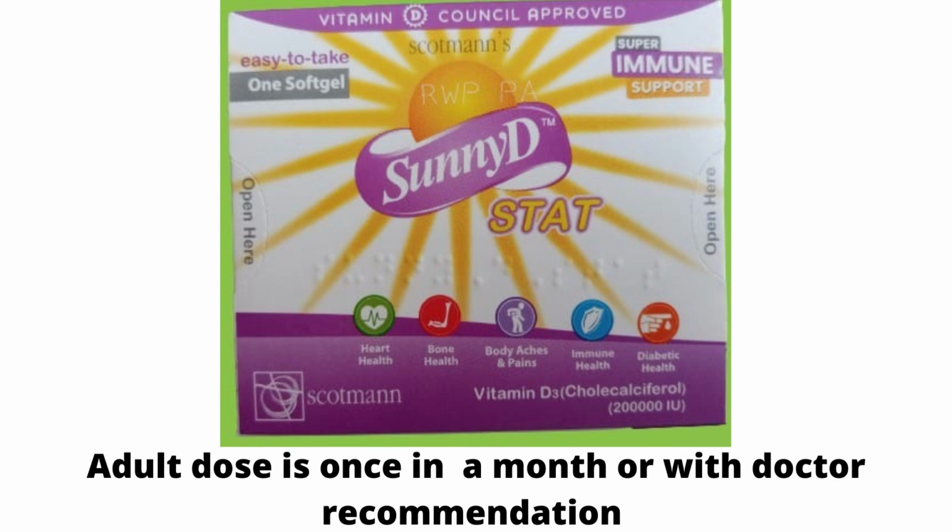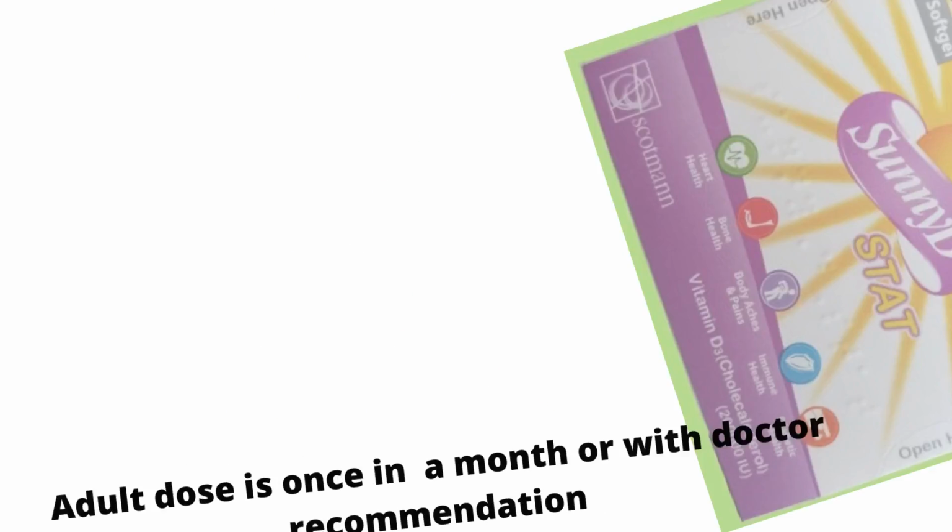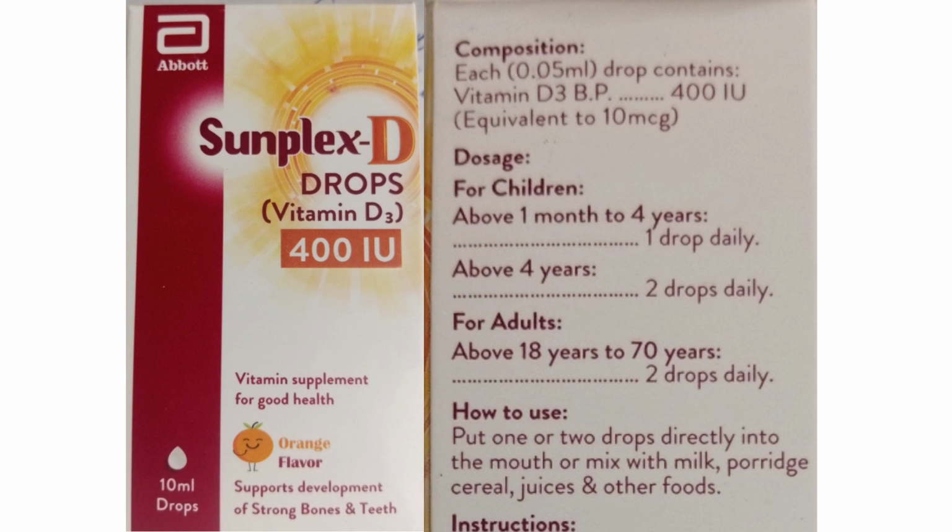This is one of the brands, Sunny D State, which is available in Pakistan. The adult dose is once in a month or use it with doctor recommendation. Second is Sunflex D drops, right? Which contains vitamin D3, 400 international units.